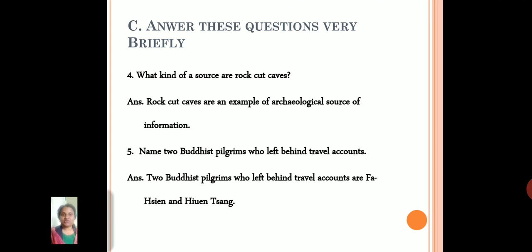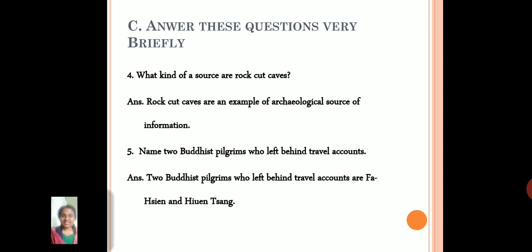Answer. 2 Buddhist pilgrims who left behind travel accounts are Fa-Sien and Huan Sang. Are Fa-Sien. How are we going to write the spelling? F capital A, hyphen, HSIEN.